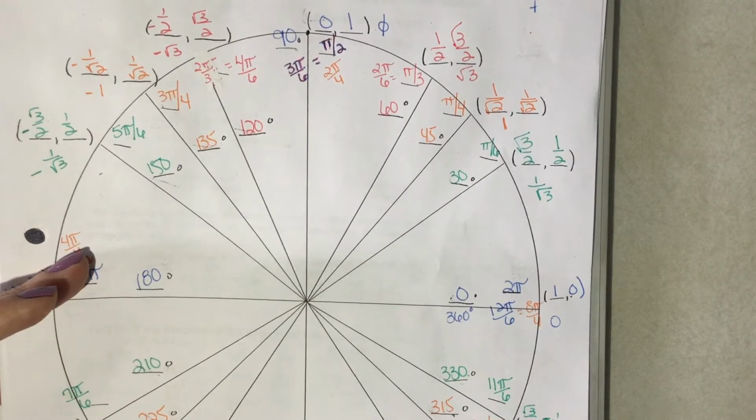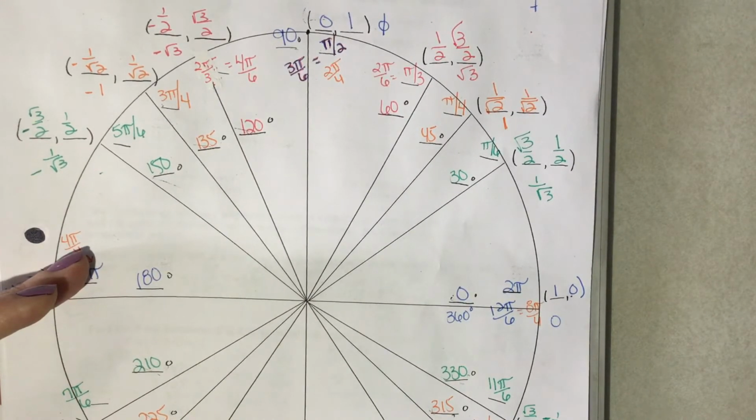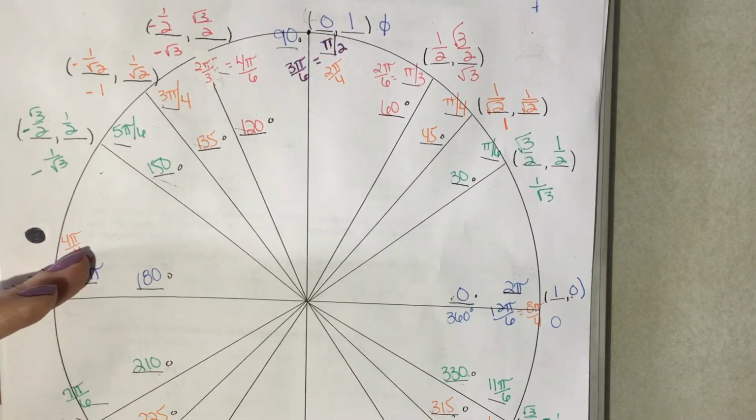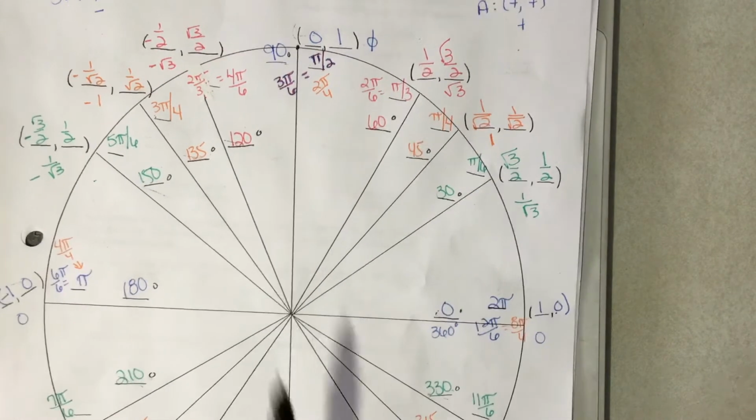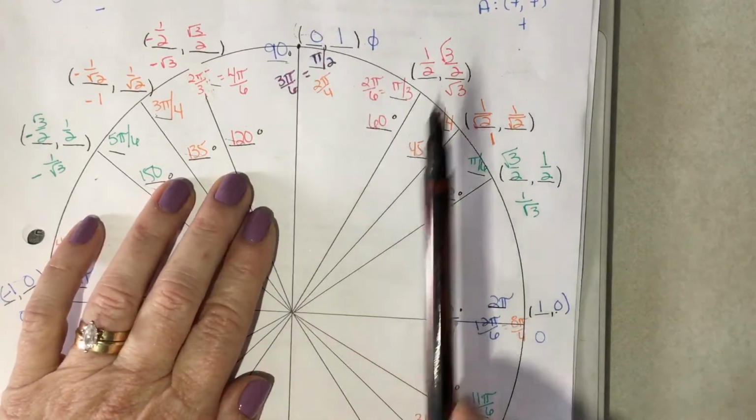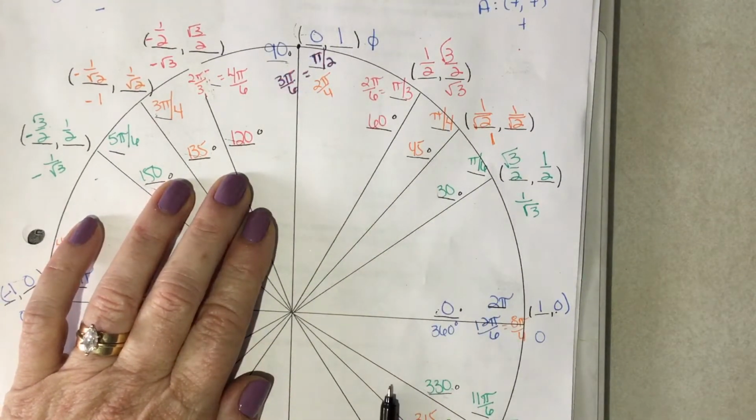Why can't I do 225, 5 pi over 4? Because it's in my restricted area. It's not my playground. I can't do this. Okay, now stay with me, guys. For sine, I can only be in the first and the fourth quadrant.